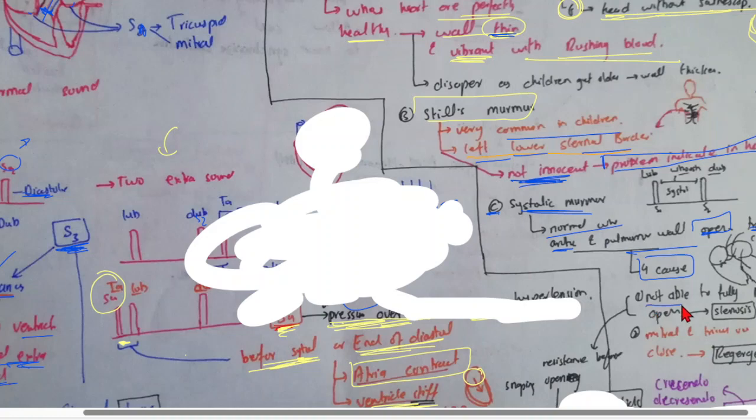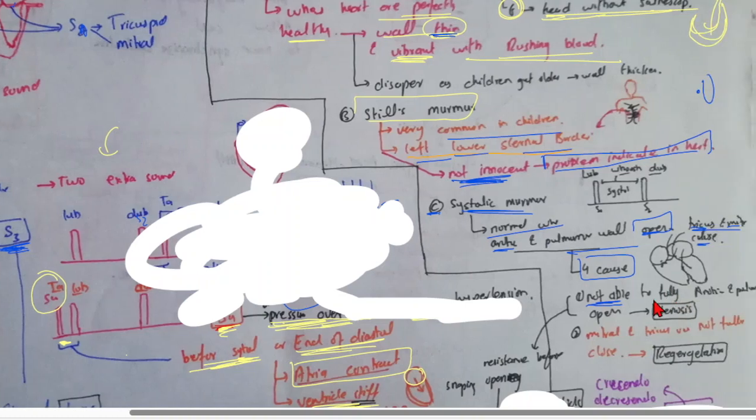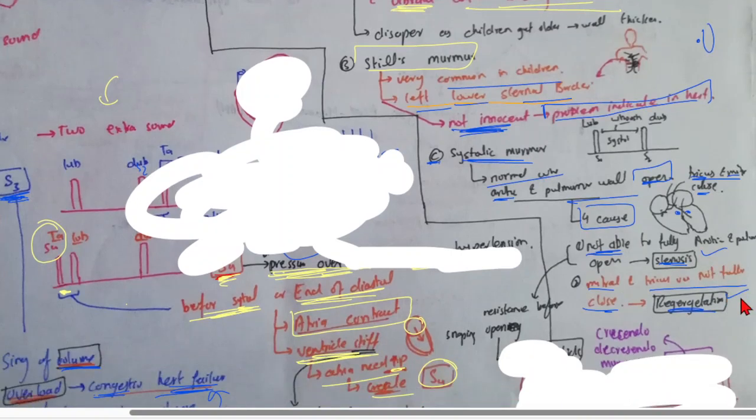The first is that the aortic and pulmonary valves may not fully open, due to stenosis. Another is the mitral or tricuspid valve not fully closing, due to regurgitation. So first is the stenosis, another is the regurgitation. This is actually the cause of the systolic murmur.